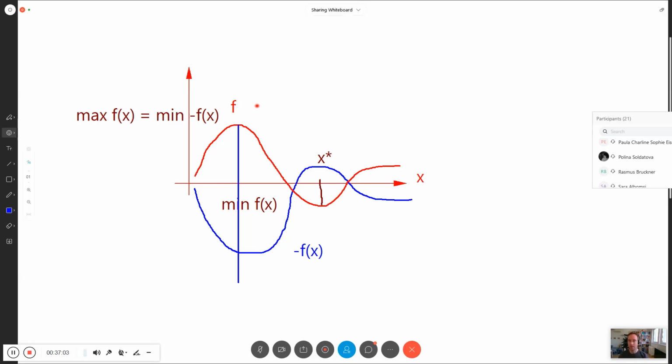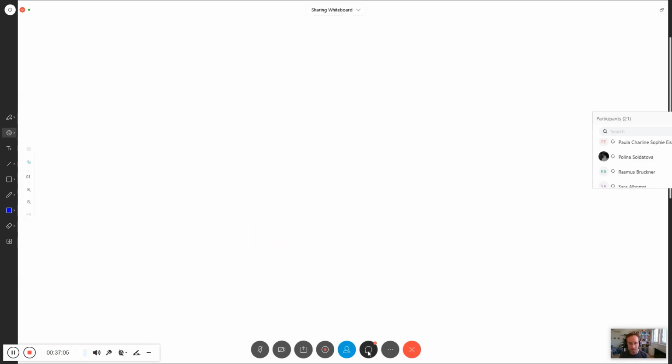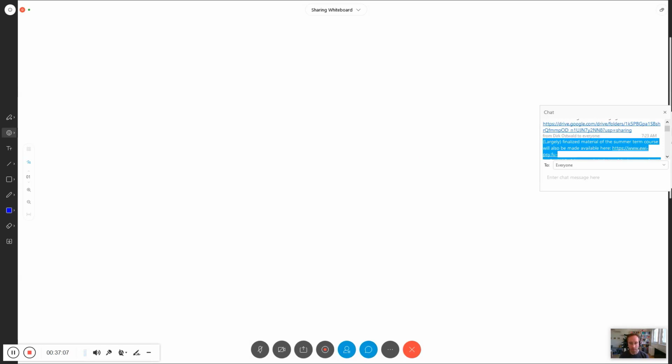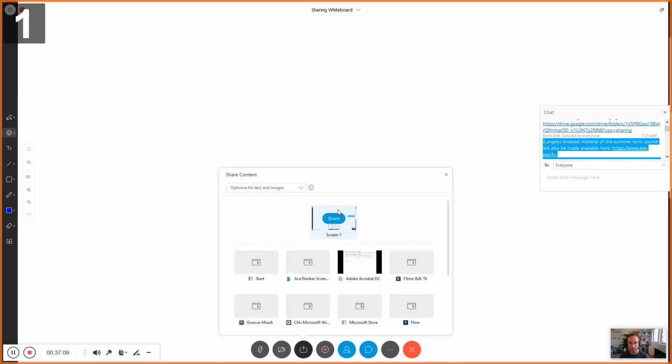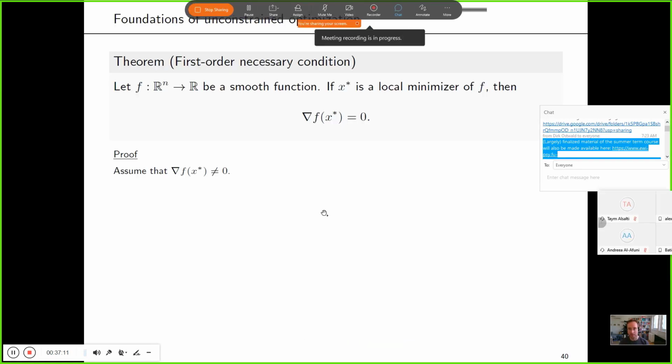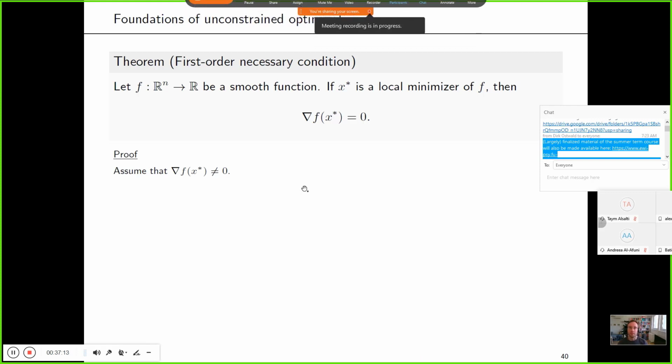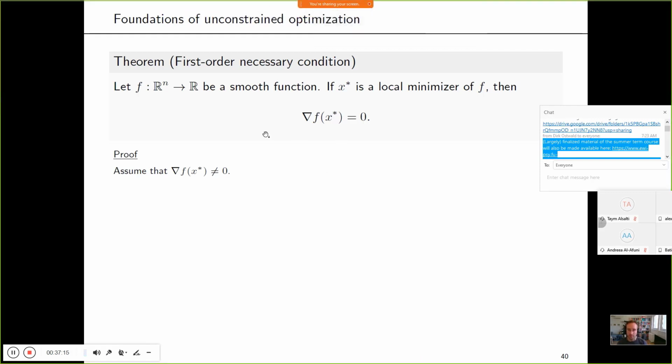Now on the slides, this is what the slides are all about: at the location of a minimum, the first derivative is 0. On the slides, these are of course framed for multivariate real-valued functions.